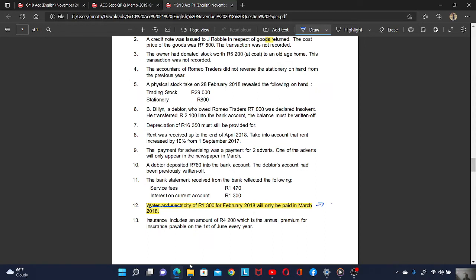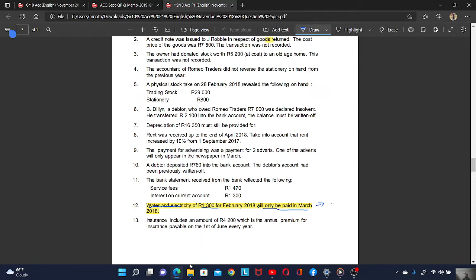So here they are saying water and electricity of 1,000 for February 2018 will only be paid in March 2018. So if they are saying will only be paid, this means that the water and electricity for 1,000 is not yet paid.